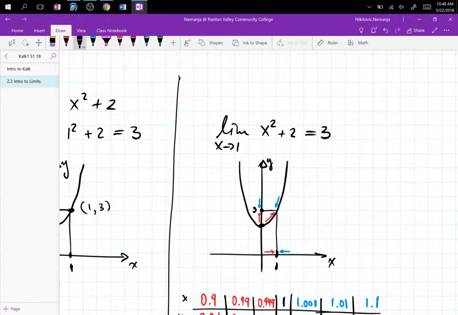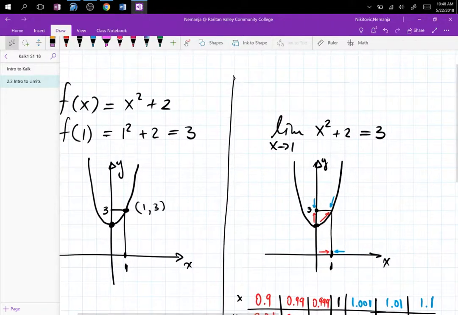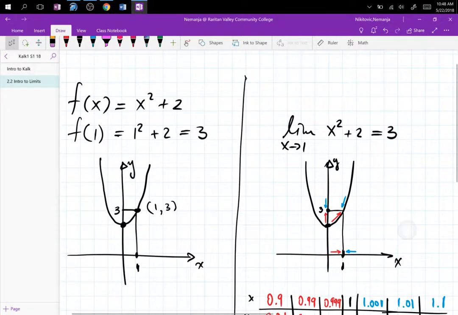Now you will say, well, can I just plug the number in and compute? In some cases, yes. But it's very important to understand that, concept-wise, you are not doing that, actually. So sure, as a mechanic, it's going to work. You plug in 1, you get 3, and that's the answer.